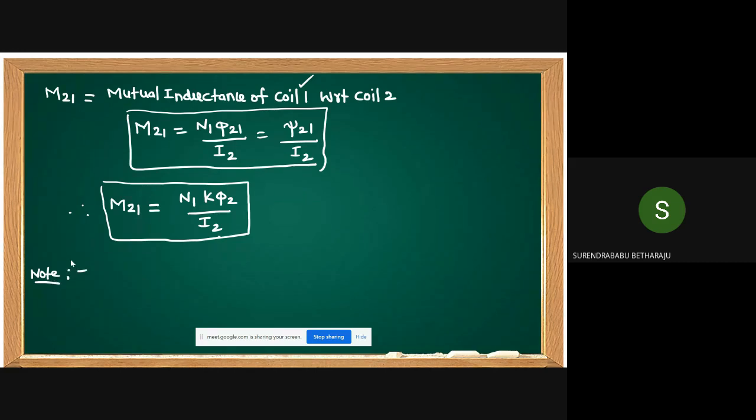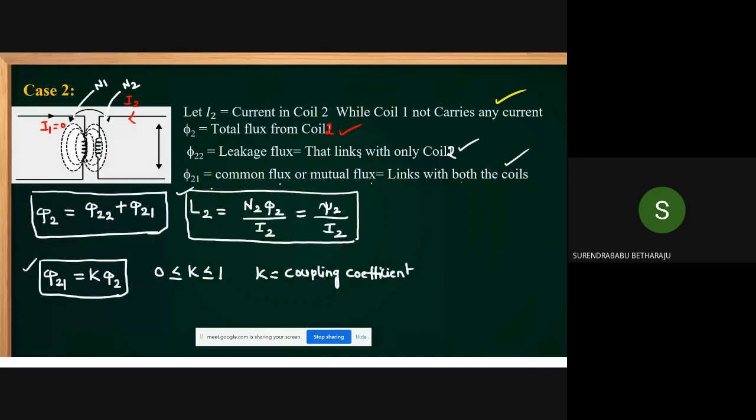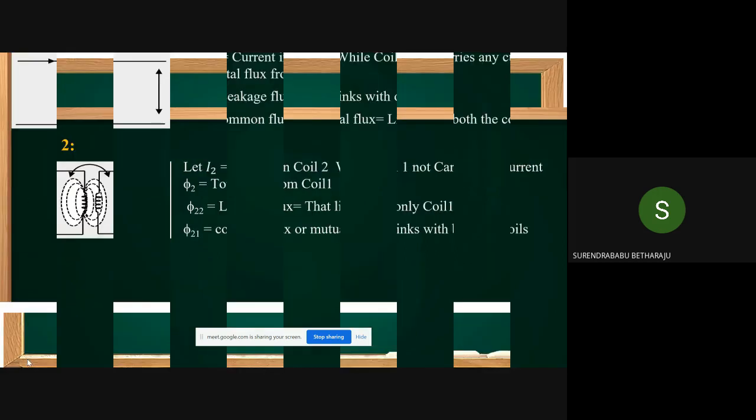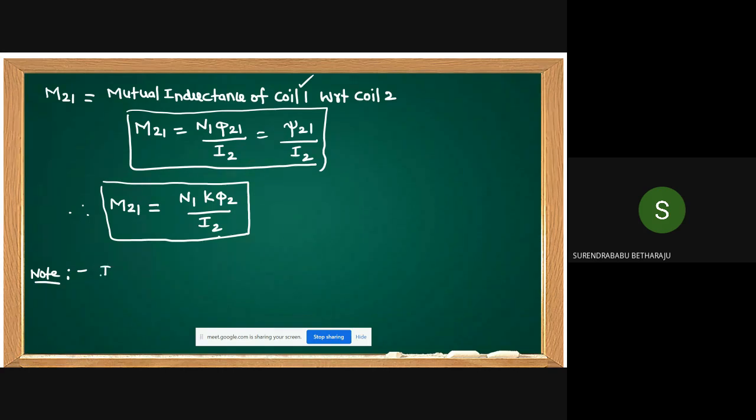If the distance between the coils and the permeability of the medium is constant. See, for given coupled coils, once we design the coupled coils, the distance between the two coils is the same, and whatever medium we are using between the two coils, it remains constant.